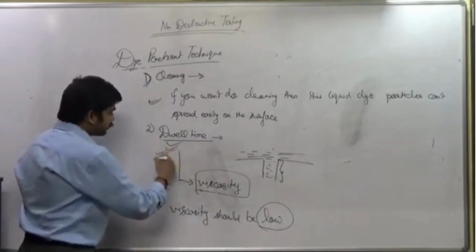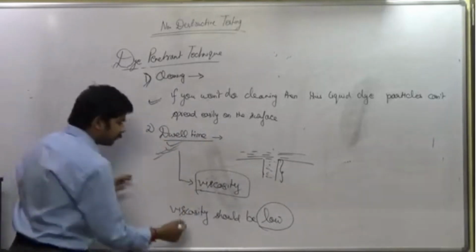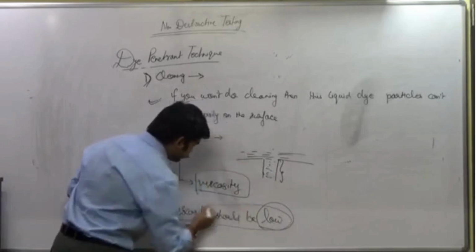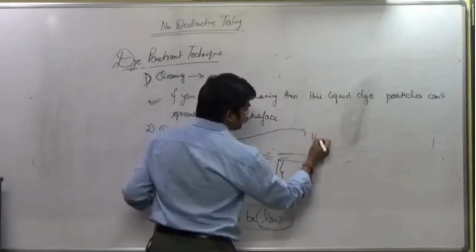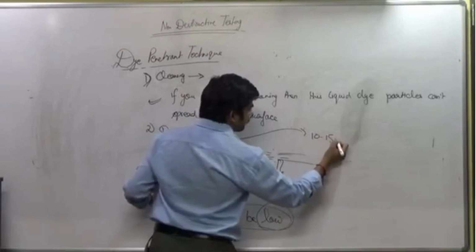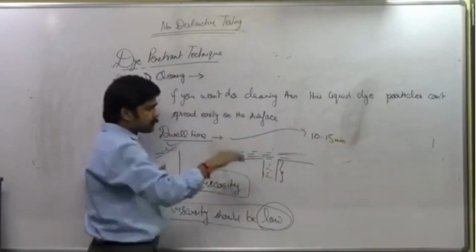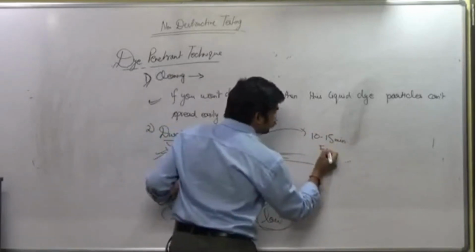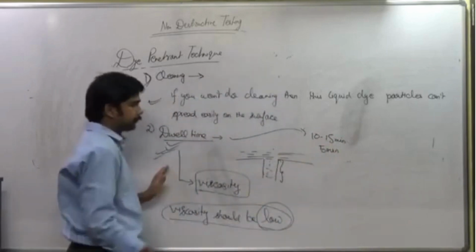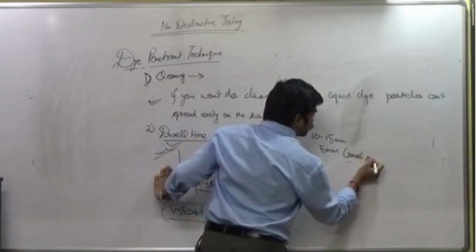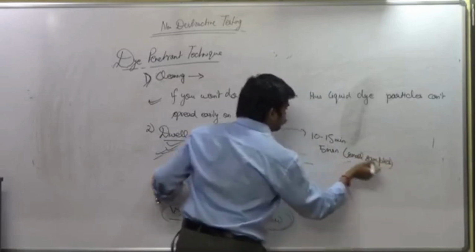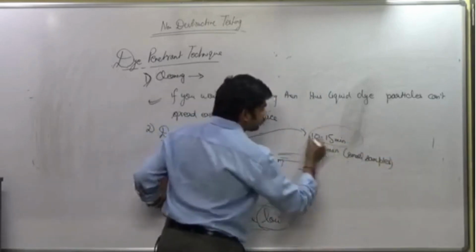So that's why we need viscosity to be low, for a shorter dwell time. Generally this dwell time varies between 10 to 15 minutes, and for small samples it can be around 5 minutes only. But generally this is the dwell time.